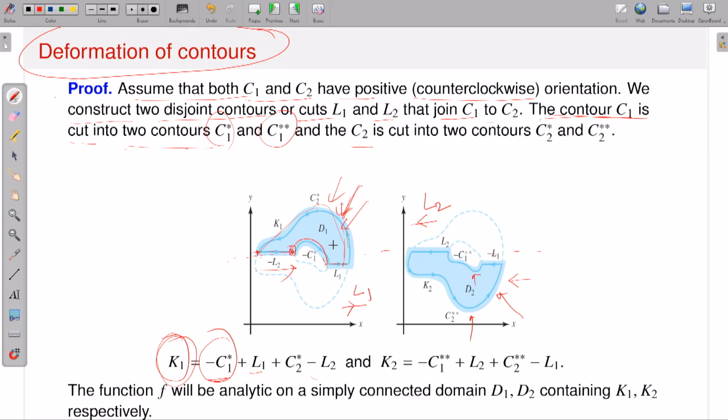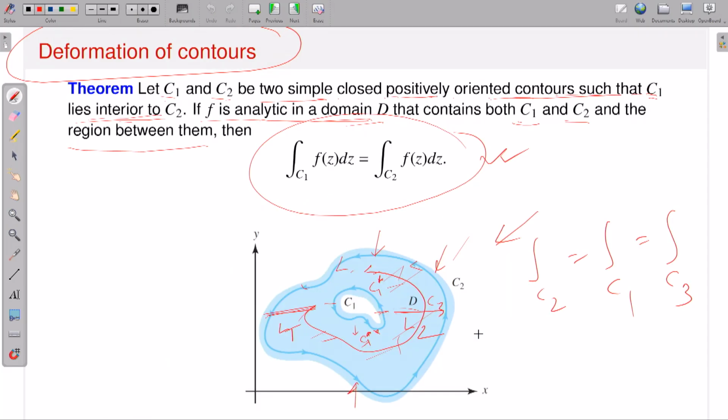The same trick you should do in the blue shaded region in the lower part as well. This time the contour I am considering is K2. K2 is minus C1 double star. What is C1 double star? Come back here. This is C1 star and C1 double star. C1 double star is going in this direction, the anti-clockwise direction.